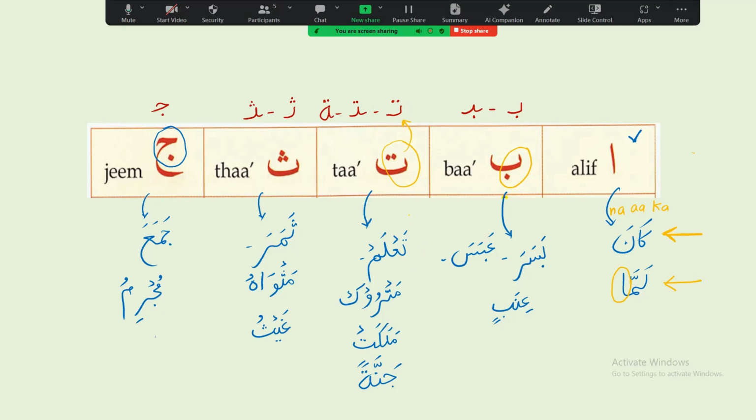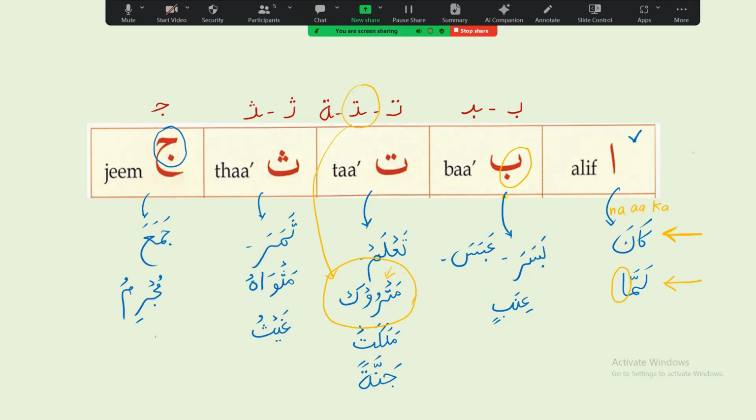When ta comes in the middle, it will be something like this, with two dots on top. The example here is this word, matsrook. Ta is here, matsrook, with two dots.